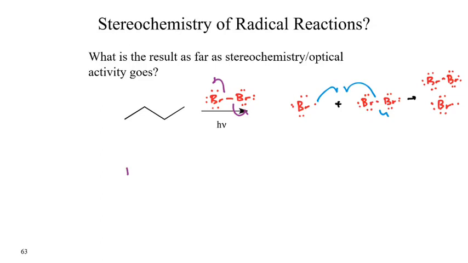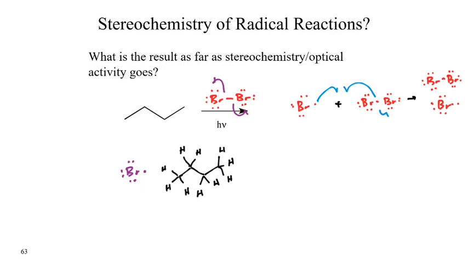Eventually, what will happen, and that is productive, is our bromine radical will encounter our alkane. And again, what we need to consider when we're looking at our radical reactions is the most available thing in that structure. We're trying to find electrons to react with. Well, the most available thing is for sure going to be our hydrogens, because our hydrogens are on the outside of the structure.